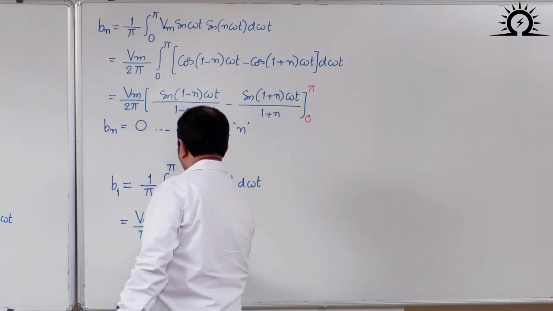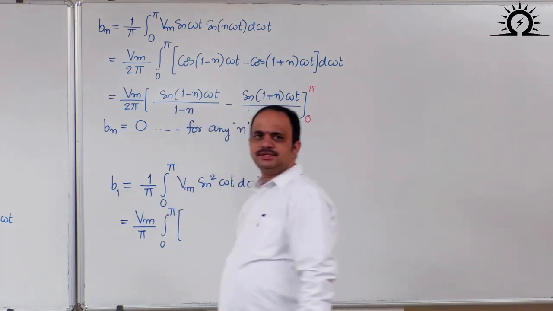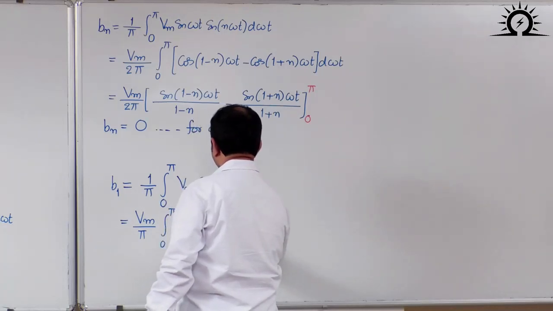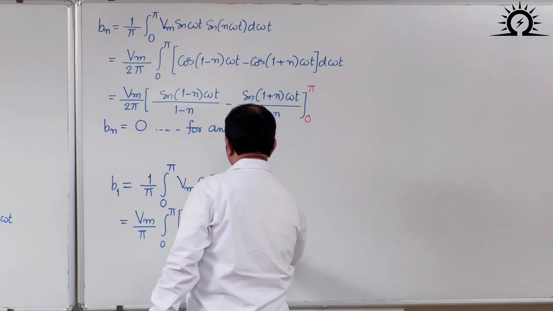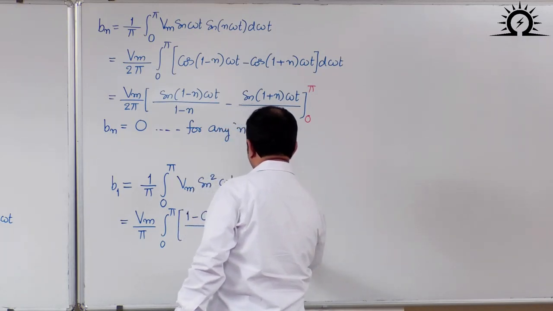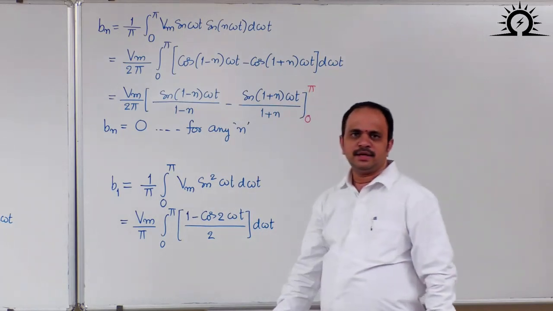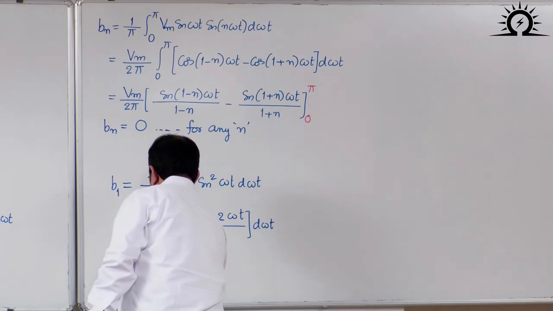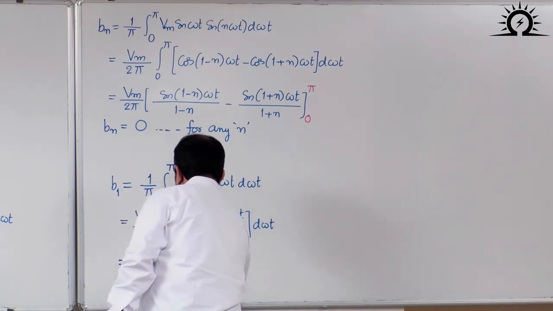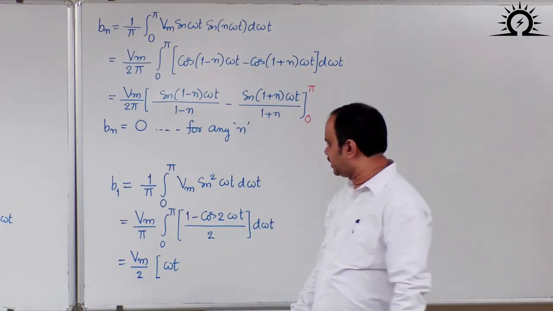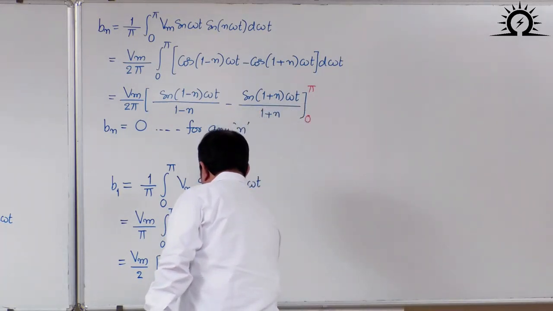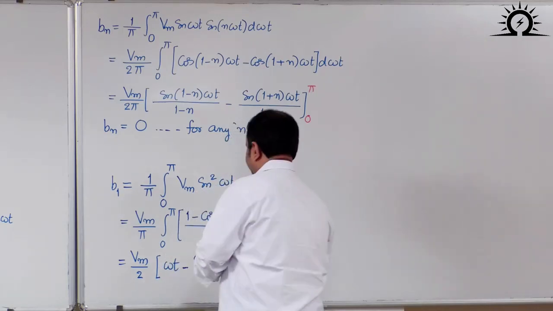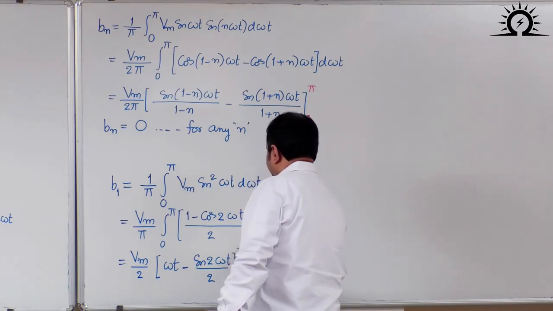Vm by pi integration from 0 to pi, sin square omega t can be expressed as 1 minus cos 2 omega t divided by 2 d omega t. So this simplification is Vm by 2 integration, for 1 it is omega t, for cos 2 omega t it is sin 2 omega t divided by 2, limits from 0 to pi.